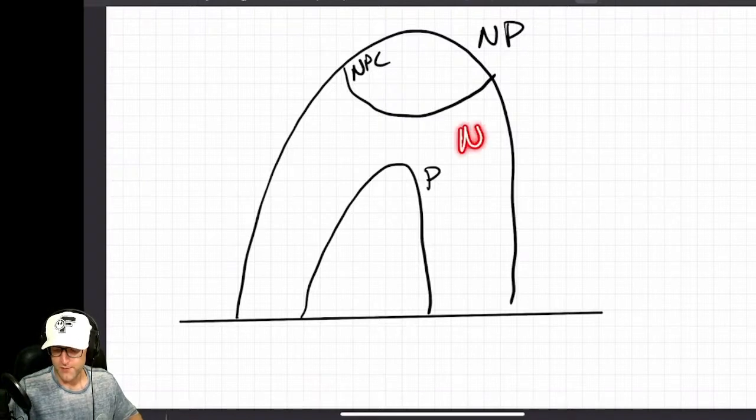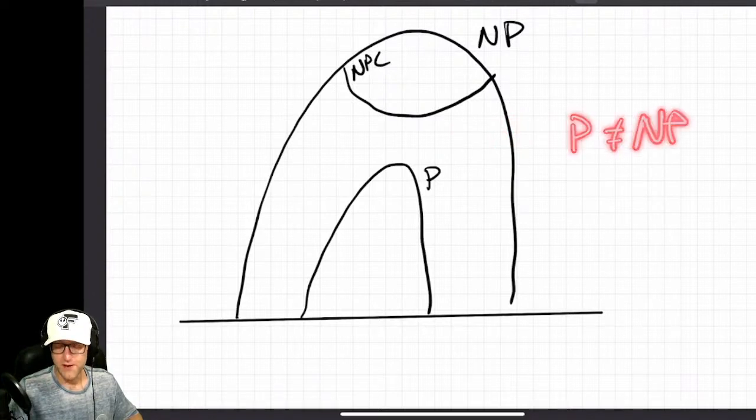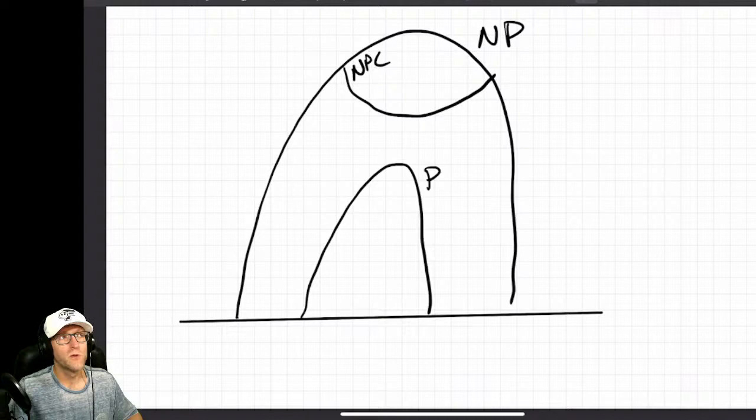This is called NPI. And the fact is, if NP is not equal to P, then there is a language in here. And I forget who gets credit for that. Darn it, I can't think of his name right now.